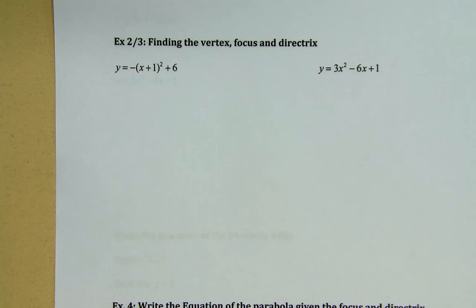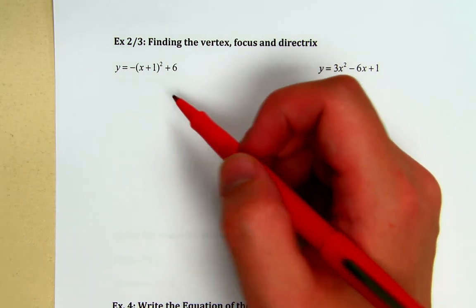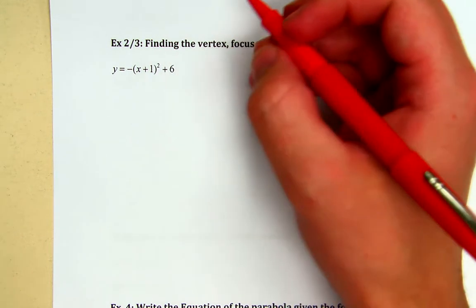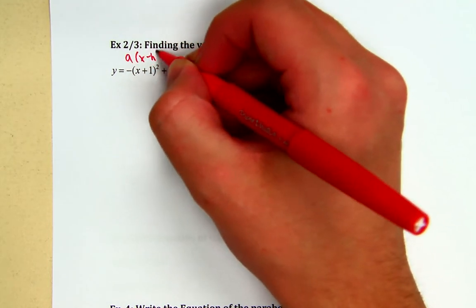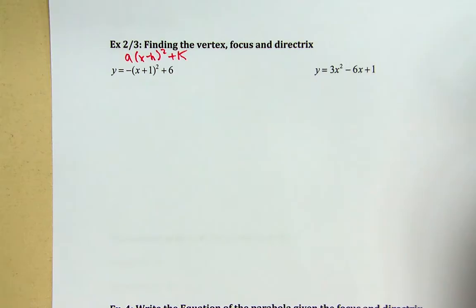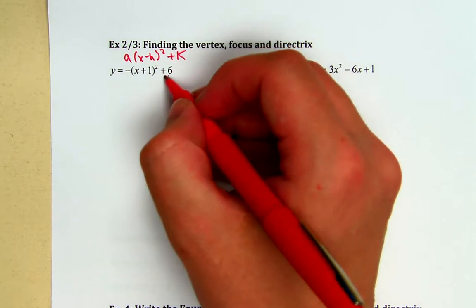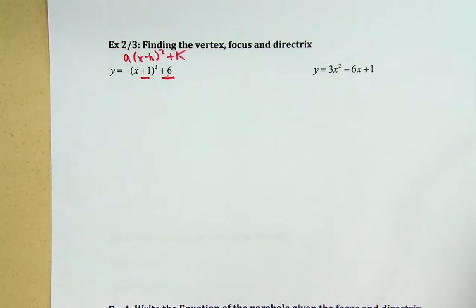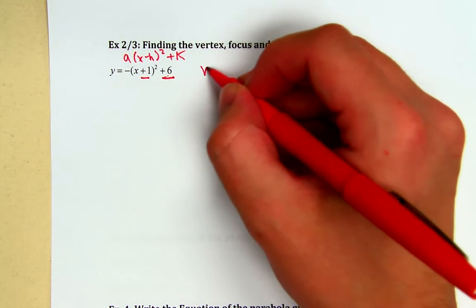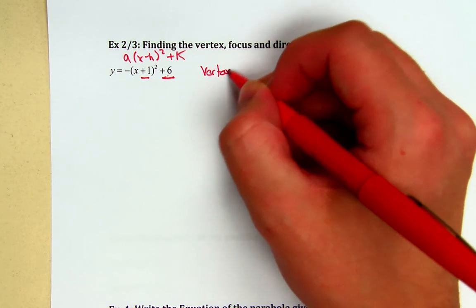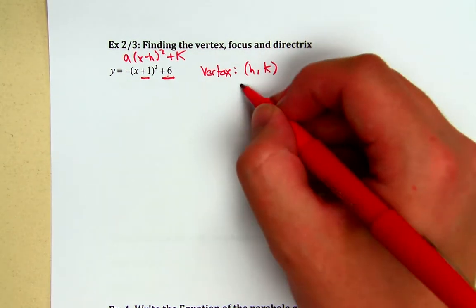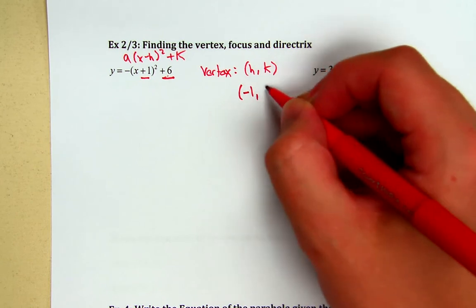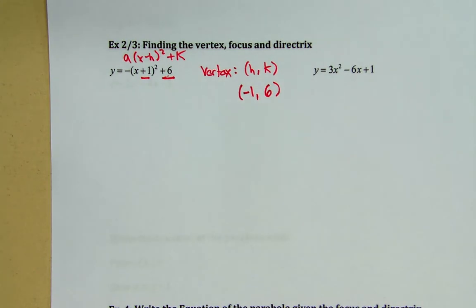First thing you want to start with, let's find the vertex. Well, this is in vertex form, so remember we've got a times x minus h squared plus k. I've got k, and I need the opposite of h here. So the vertex is (h, k), but it's the opposite of h, so -1, same k, 6.